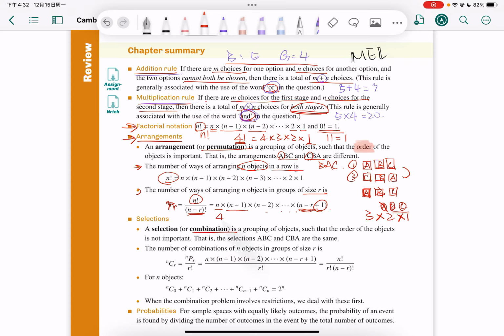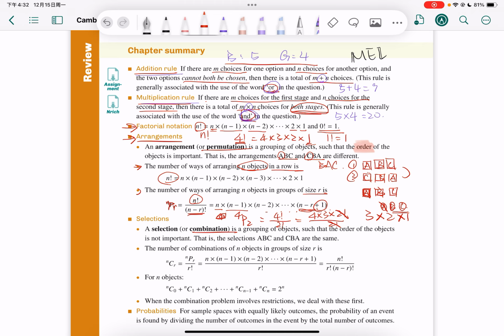Let's say P(4, 2). That is equal to 4 factorial divided by (4 minus 2) factorial, which is 2 factorial. If you write it out, it is 4 times 3 times 2 factorial divided by 2 factorial, and we can cancel the 2 factorial out.